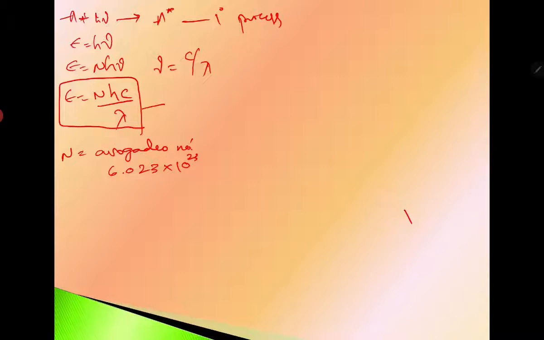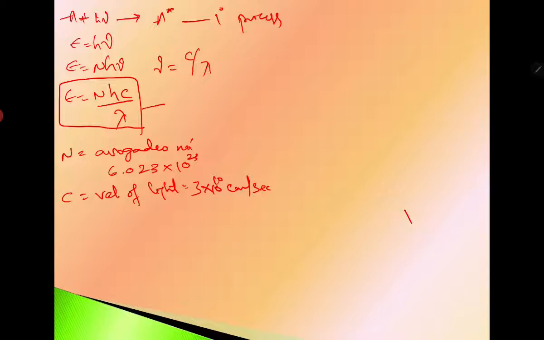And c is the velocity of light, which is given by 3 × 10^10 centimeters per second.